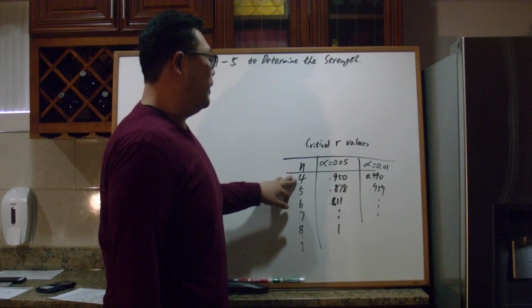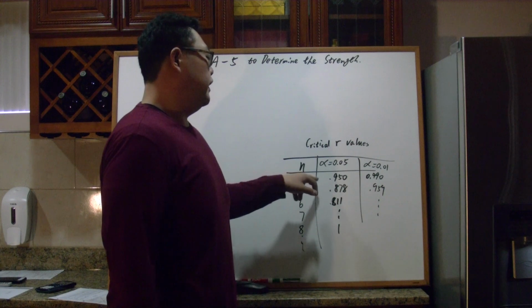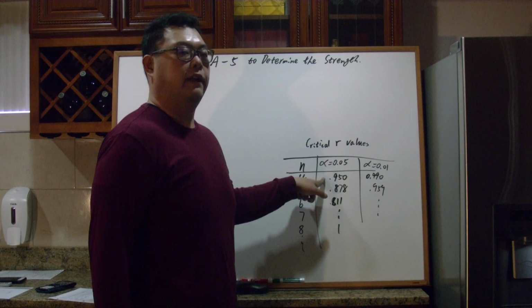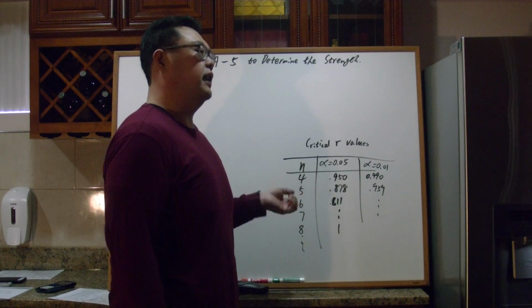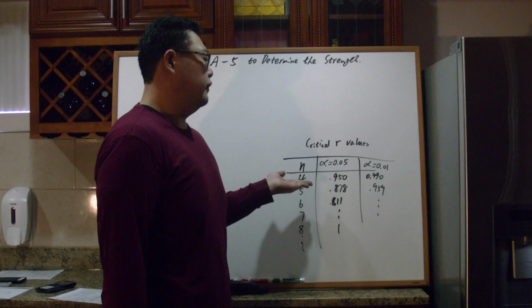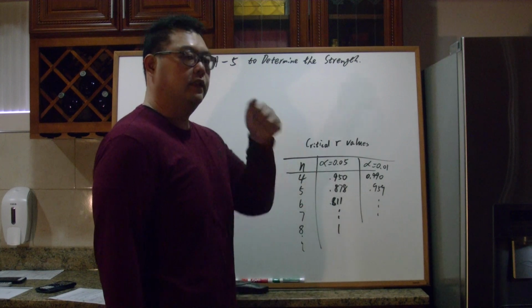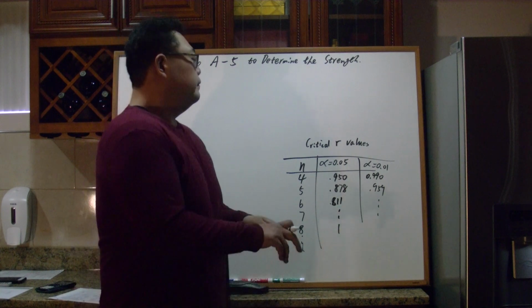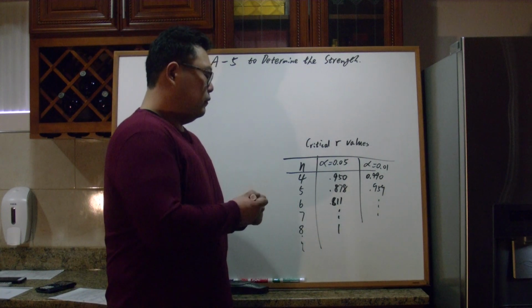If our pair of data is 4, and we computed our R value is bigger than 0.950, then we say that pair is linearly correlated. And of course, if below that, it is not linearly correlated.